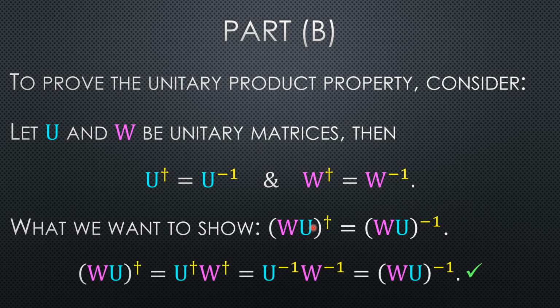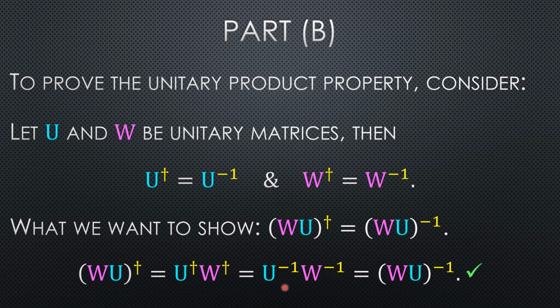As a result, if I'm looking at this left-hand side, the product (WU) dagger, I know that, thanks to the transpose property of the dagger, I can take the dagger of the products independently, but in reverse order. Now I can look at the unitary property of U by itself, which is an inverse, and W by itself, which is now an inverse.